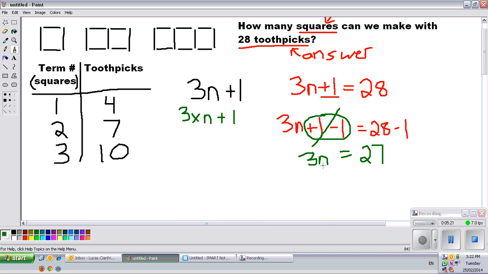The opposite of multiplication is division. And as long as you do the same thing to both sides, you are allowed to add it into an equation. So we are adding 3n divided by 3 equals 27 divided by 3.